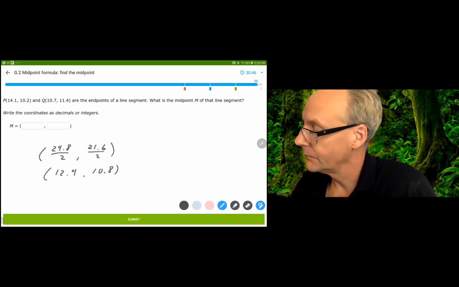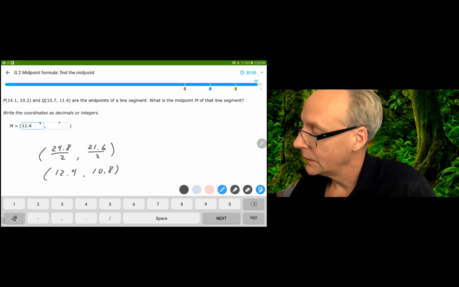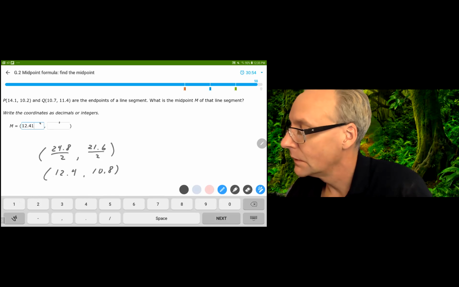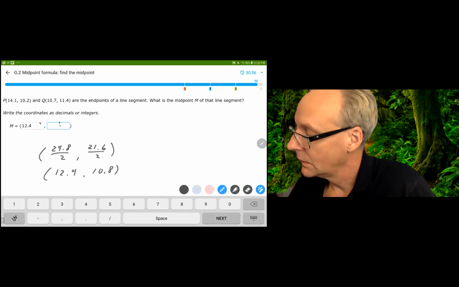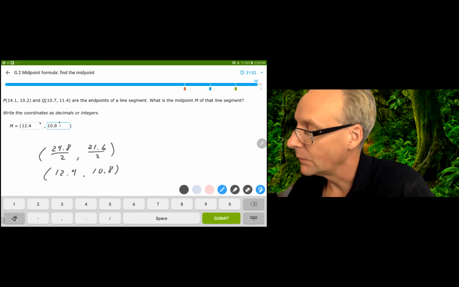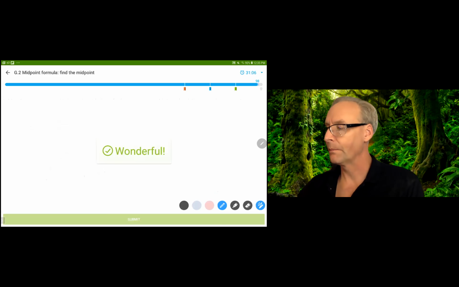And we'll put them in. Come on. 12.4 and 10.8. Almost missed a decimal and almost put them both in the same spot. That would be a problem.